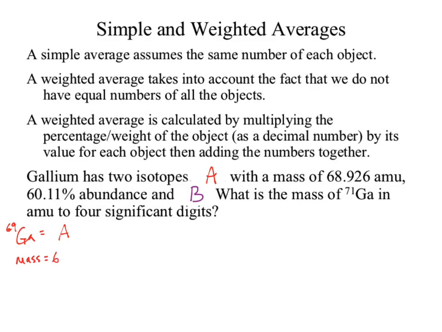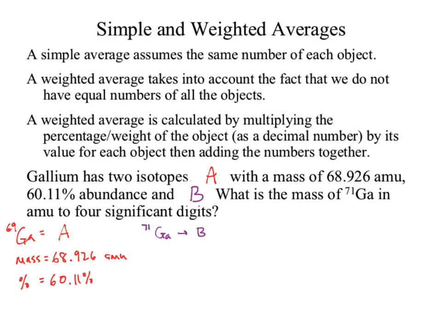The mass is 68.926 AMUs. What else do we know about A? Its percent is 60.11%. What do I know about gallium-71, which we said was B? What do I know about it?